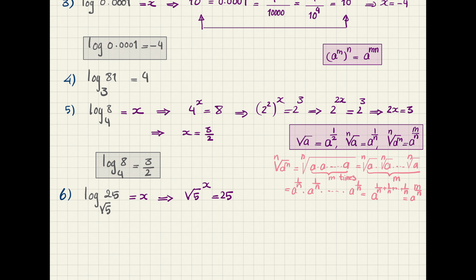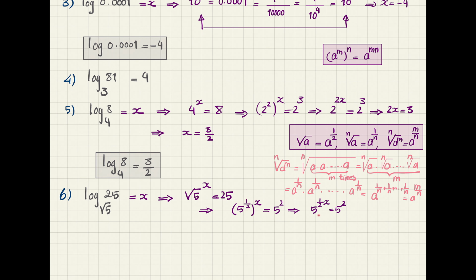And here I would say that, let me write below it. So this becomes, instead of square root of 5, I write 5 to the power of 1/2, to the power of x, and instead of 25 I write 5 to the 2, but the left hand side becomes 5 to the power of 1/2 times x equals to 5 to the power of 2. So here I am using this fact that if I have a power, another power, then the powers are supposed to be multiplied.